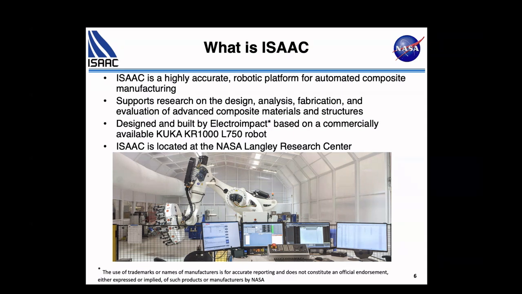Up until we got Isaac, we could build composite parts by hand, sure, but just because you can do something by hand doesn't mean you can scale it up and do it in the same way industry would. And therefore, it limited our ability to try things out and do things that will eventually get onto airplanes. We could still do good research, but we had to partner with other people to do the manufacturing.